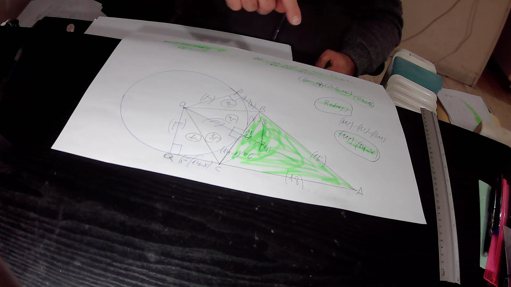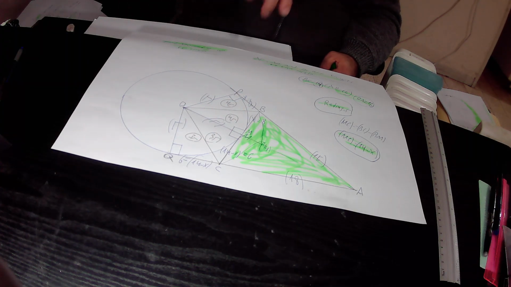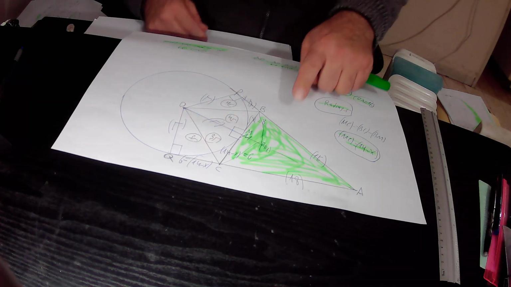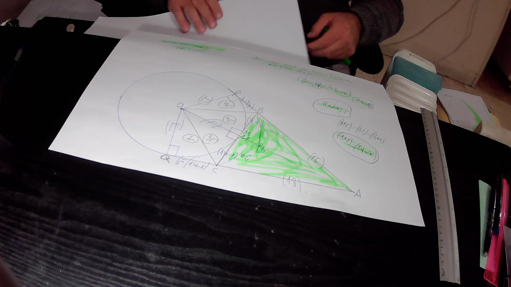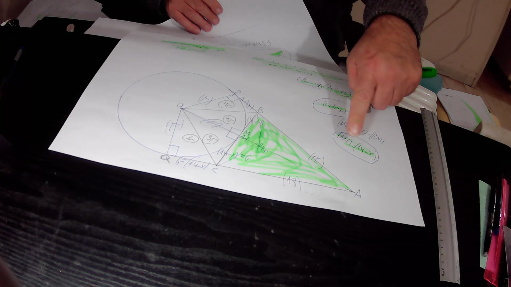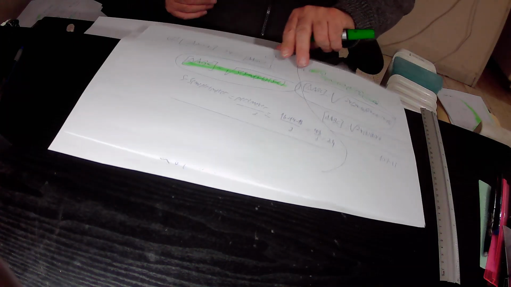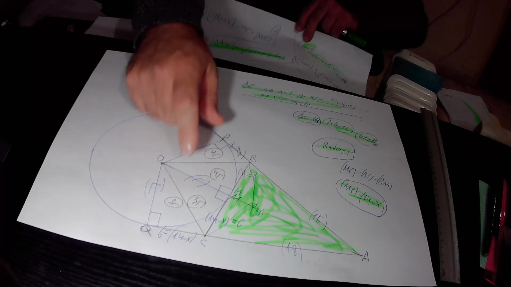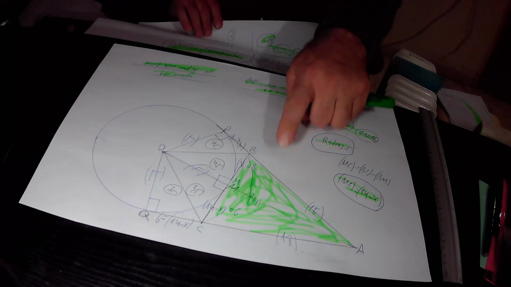The area of this big quadrilateral APOQ, according to the second method of calculation, must be equal to the sum of the areas of those 4 right triangles, that is actually 14R square units, plus the area of this green triangle ABC.